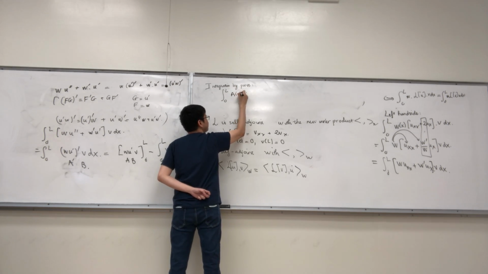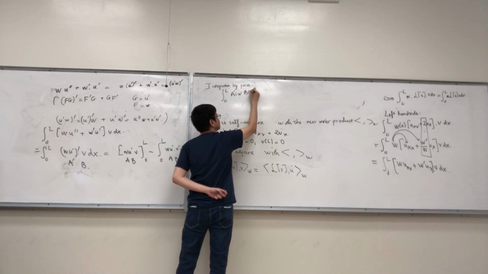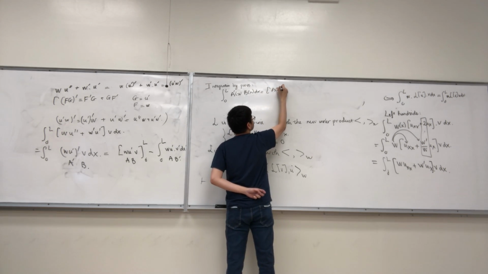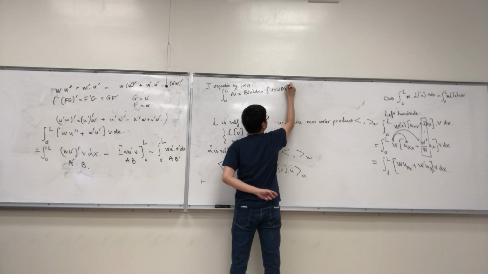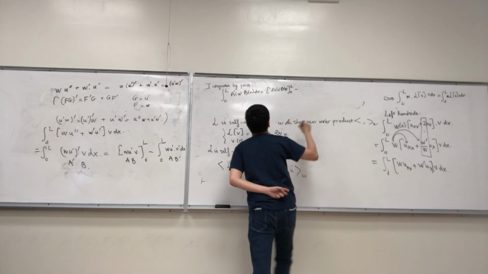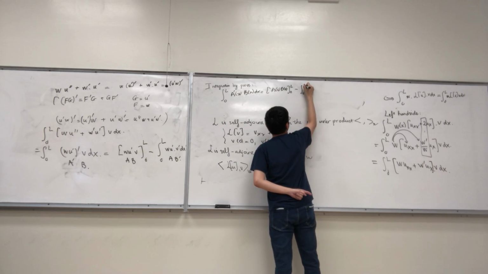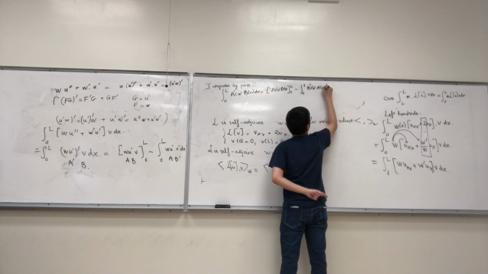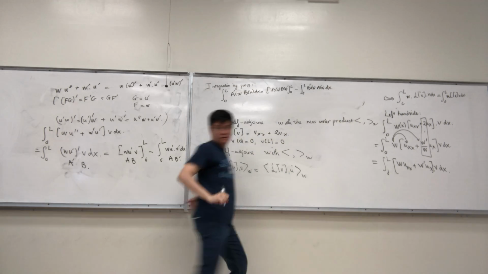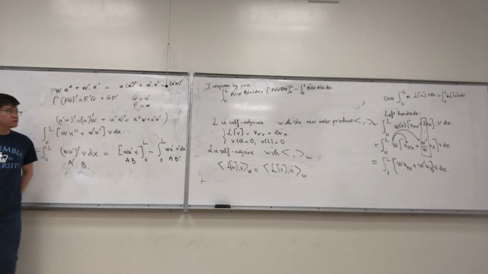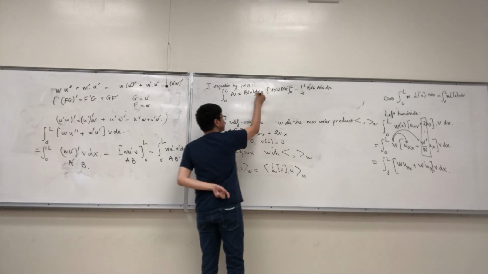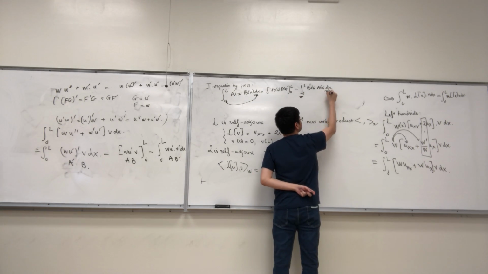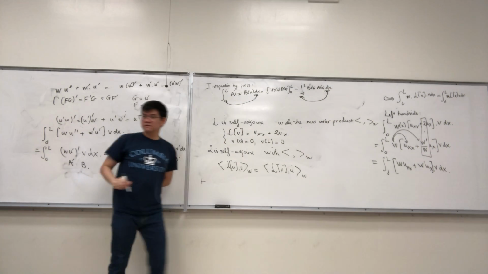So the integral of A prime(x) B(x) dx is A(x)B(x) from 0 to L minus the integral from 0 to L of B prime(x) A(x) dx. All right. So the dx is just going with this integral, so you don't care about the dx.